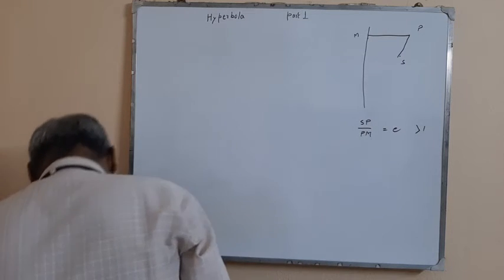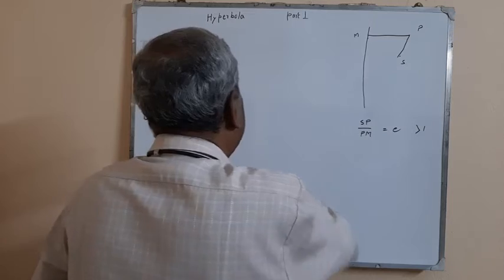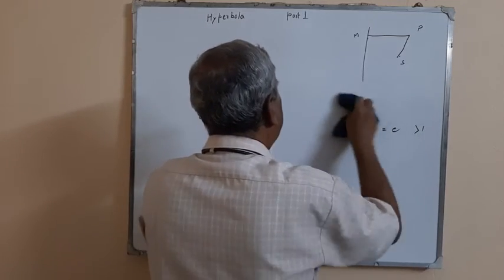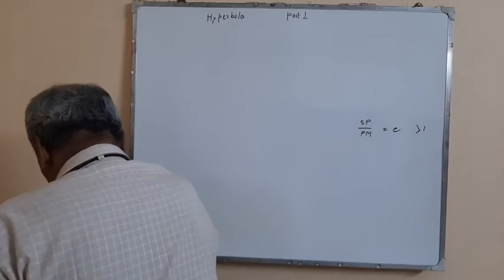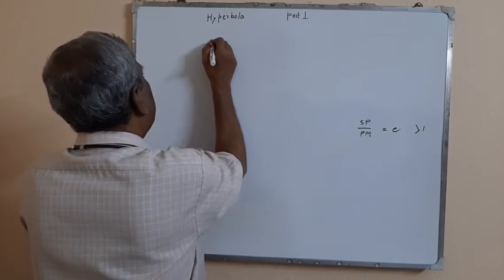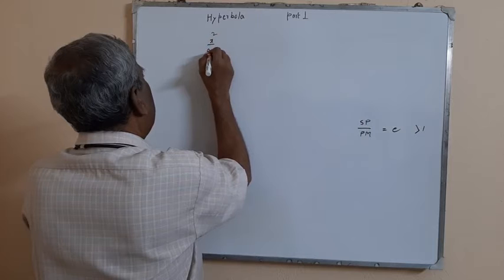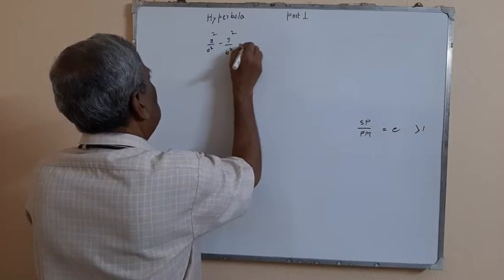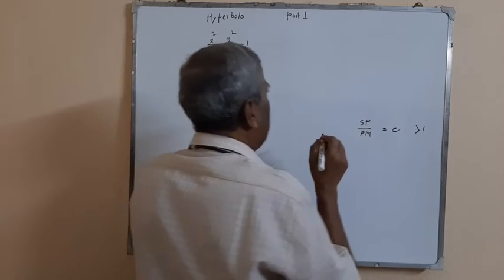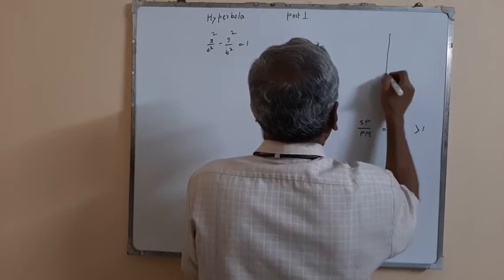And in fact, its standard equation is x square by a square minus y square by b square is equal to 1. Its shape is like that.